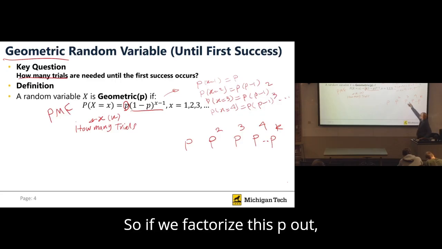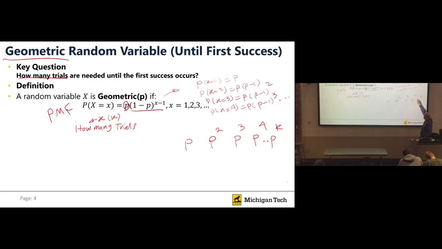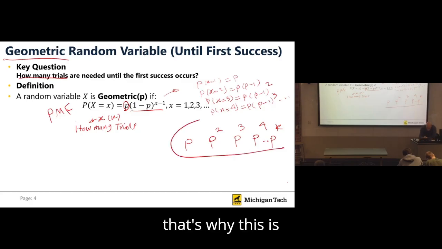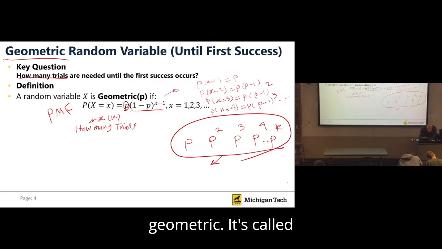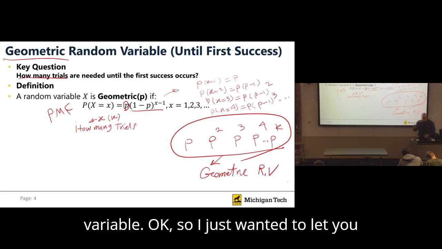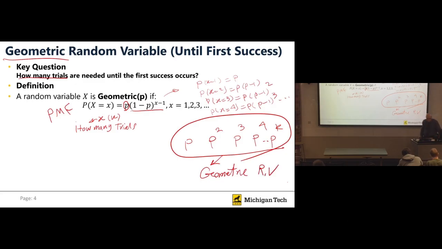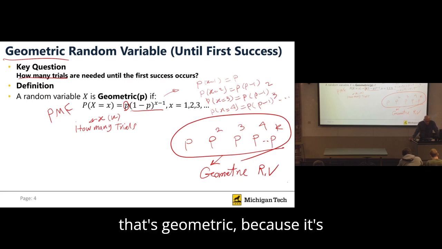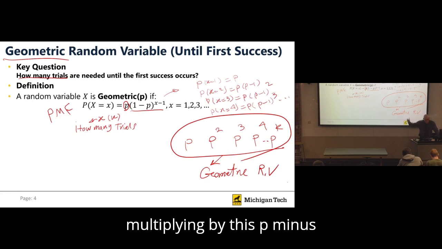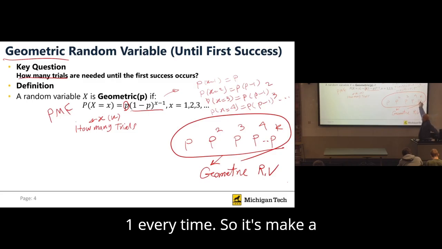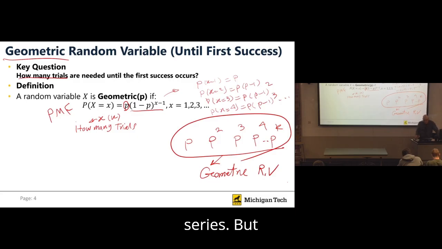So if we factorize this p out, the rest is geometric. That's why this is called a geometric random variable. It's geometric because it's multiplying by this (1 minus p) every time. So it makes a series.